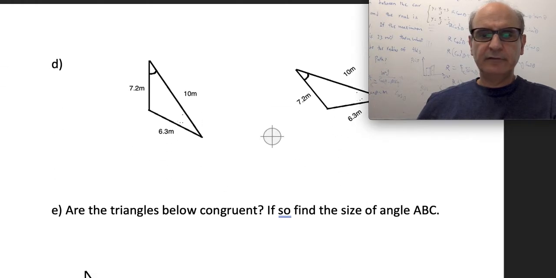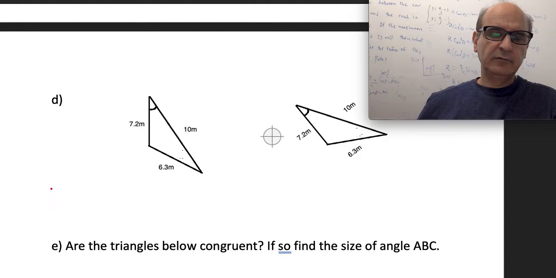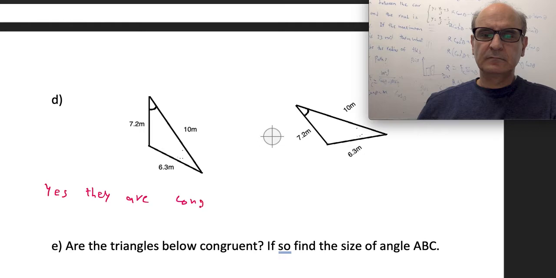So we have three sets of equal sides. We say yes, they are congruent. And the reason for that is side, side, side. All three sides are the same.